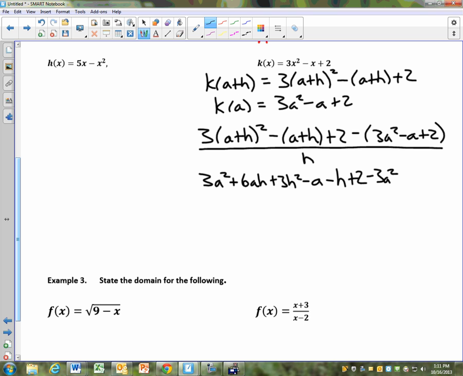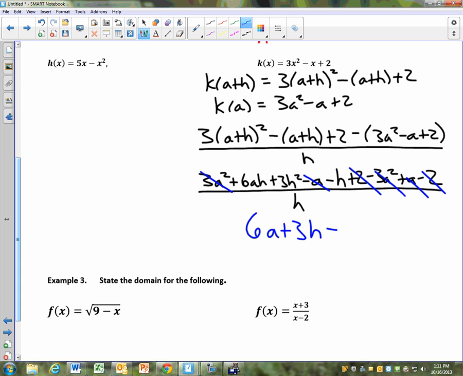Minus 3a squared. Plus a. Minus 2. All over h. What cancels? Everything that doesn't have an h, if you just go through and find it, it should all cancel. And when you divide out the h, you get 6a plus 3h minus 1. Isn't it beautiful?